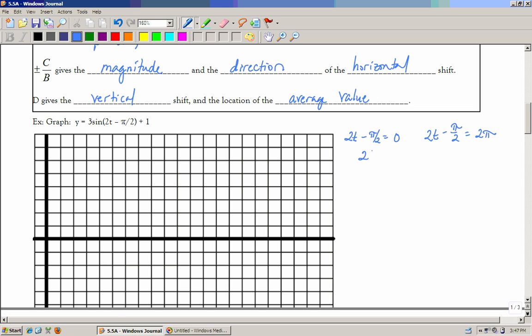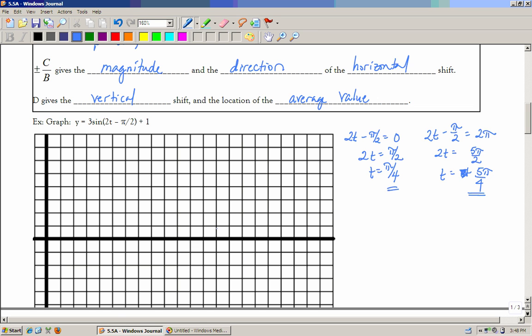Once you solve for t, if you add pi over 2 and then divide by 2, the beginning of this function is going to start at pi over 4. On the other one, if you add pi over 2, you get 5 pi over 2, and you divide by 2, you get 5 pi over 4. This is the beginning and the end of the cycle in which we're going to shift all of this.